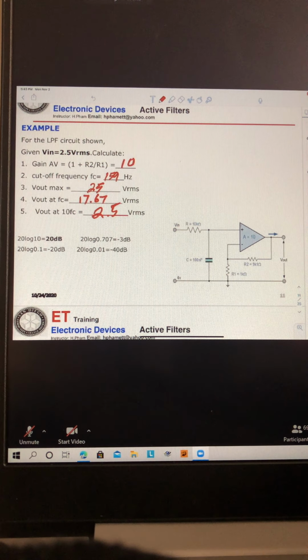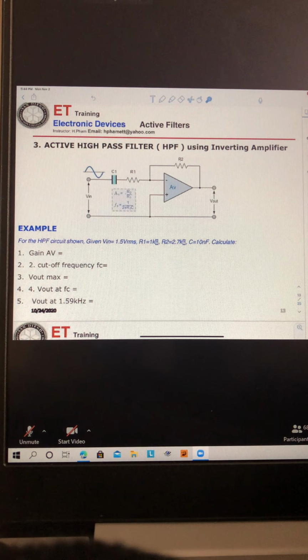What amplifier circuitry is being used to build the high pass filter here? Inverting, correct?